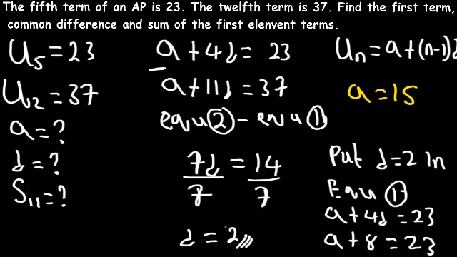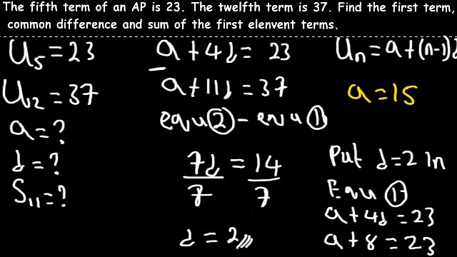Perfect. Now we have the value of a, likewise the value of d. Now it's easier for us to get the sum of the first 11 terms.